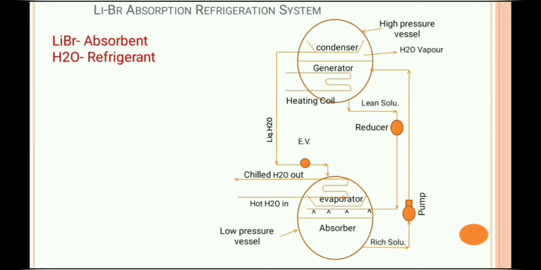Okay, on that vapor refrigerant, the lean solution which has the major part of LiBr is sprayed, and due to this spray process, the vapor refrigerant at the outlet of that evaporator is converted into liquid H2O refrigerant, and that liquid H2O refrigerant will mix with the lean solution and form the rich solution in the absorber.